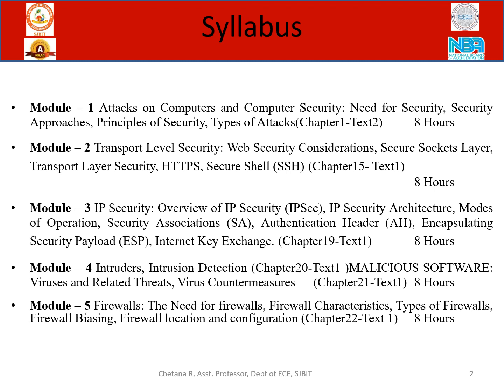And the second module deals with transport level security, where the security has to be provided during transportation, or in the transport layer, and the requirement is based on web security considerations. So the web requires security and it is a peer-to-peer network.